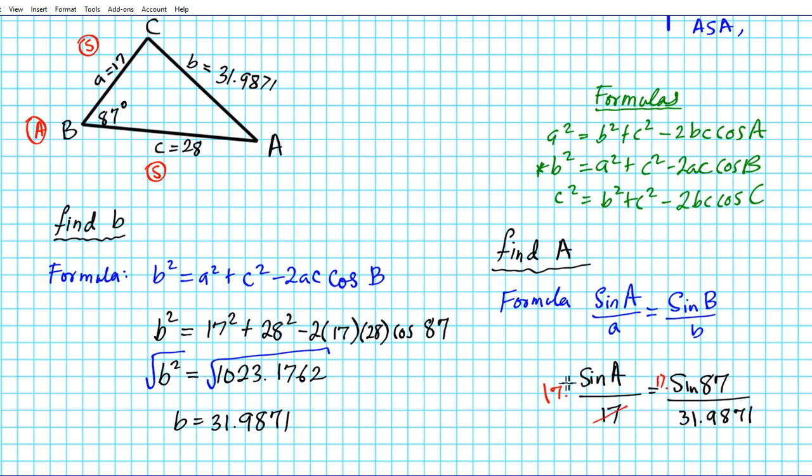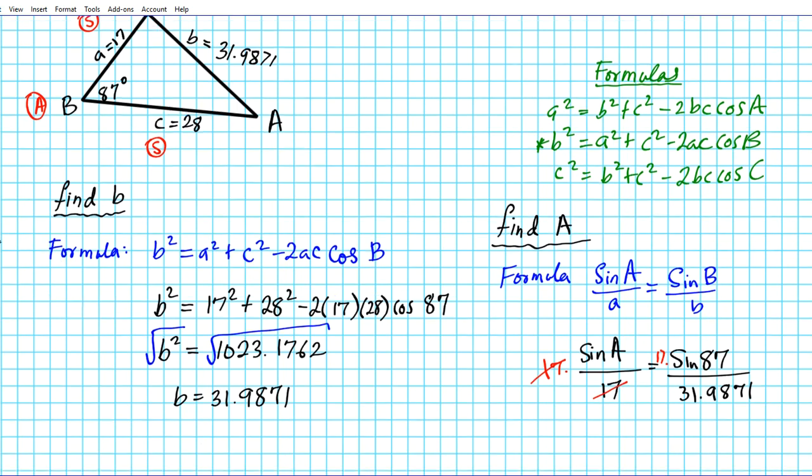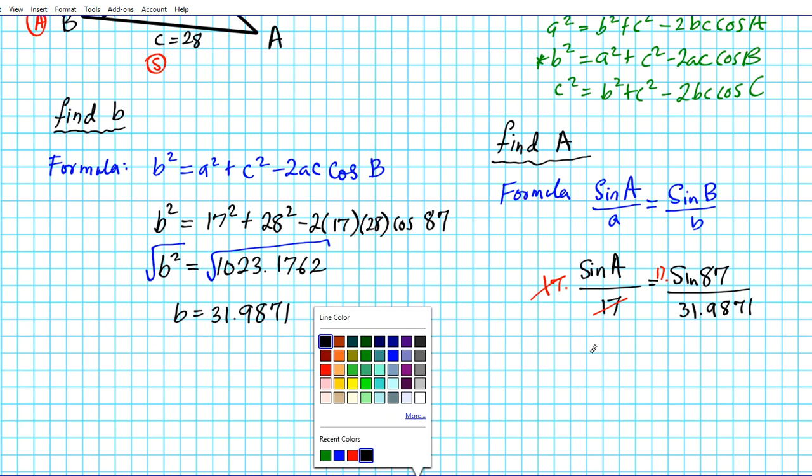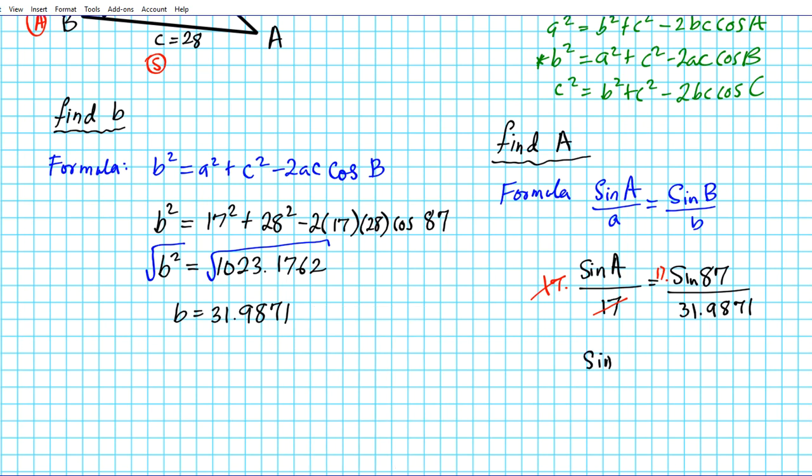To get sine A by itself, we'll multiply both sides by 17 to get rid of this denominator here. So that divides out. And when we plug that into the calculator, we're going to have sine A equals 0.5307.